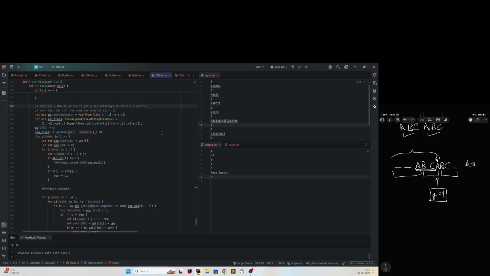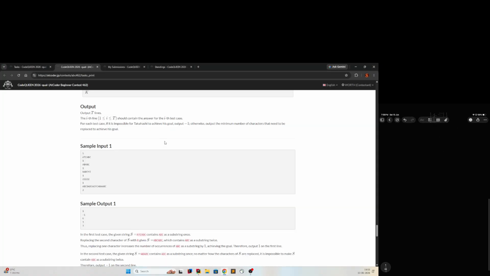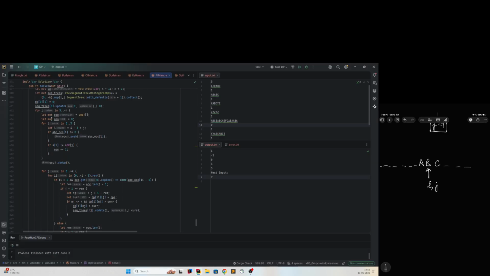And how will the transition look? If we have some ABC already here and we are at this index, let's say I have defined i, j. So I'm going to my implementation idea. I have looped over i and j here.